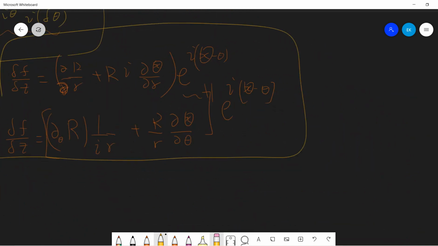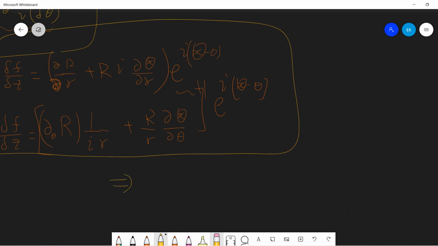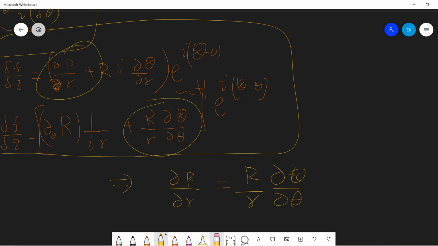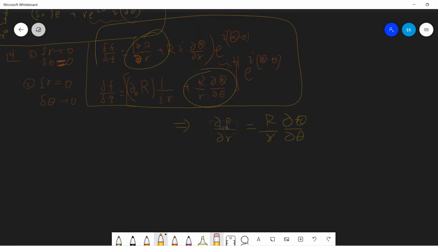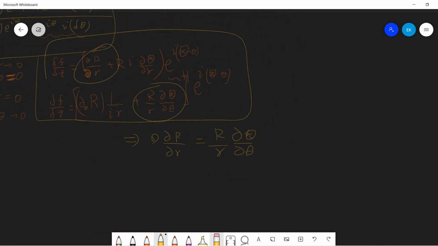Real equals imaginary, so let's check the real part. The first equation is this. This is the first polar-coordinate Cauchy-Riemann equation, and this is the correct form. The second one comes from these two terms: r times the partial of capital Theta with respect to r equals the partial of R with respect to theta, but there should be a negative sign here.